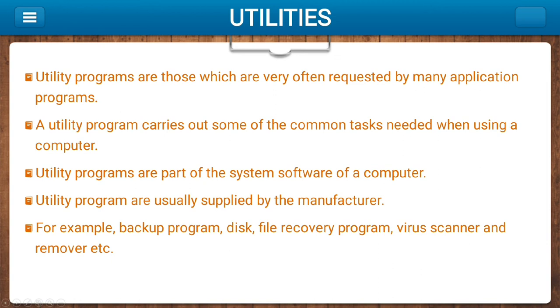The utility programs are provided by the manufacturer; we do not create those utility programs. For example, a backup program, disk file recovery program, virus scanner and remover, etc. We'll see one by one what the different types of utility programs are. So that is the definition of utilities.